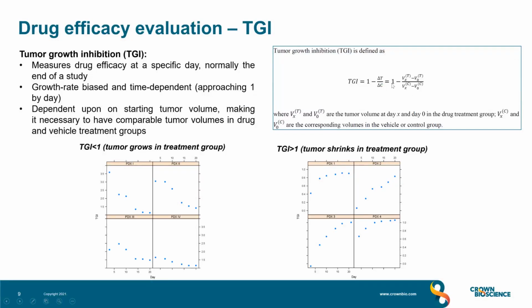Of course, there are some other variants of TGI. The problem with TGI is that it is both tumor growth rate and time dependent. It always gets close to 1 by day, as shown in the two graphs here. So in summary, TGI is not a stable efficacy endpoint and is biased.